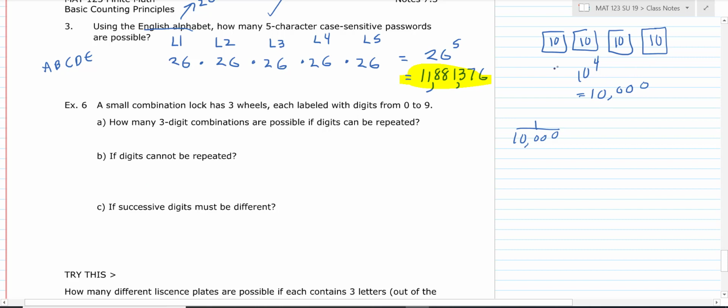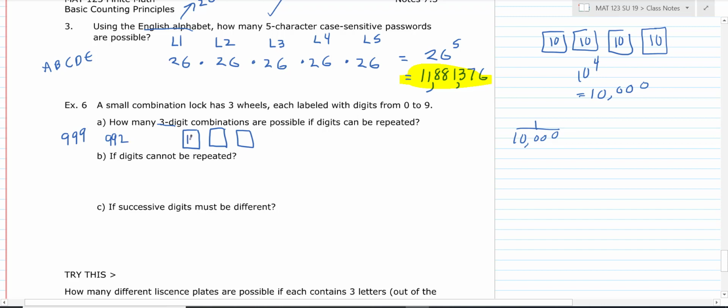That's very similar to what I was showing you over here. What I mean by repeating is you could have 999 as your combination, or you might have 992. It just says you can repeat the same digit.